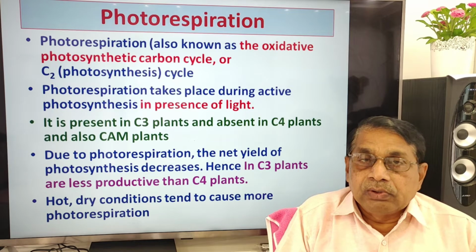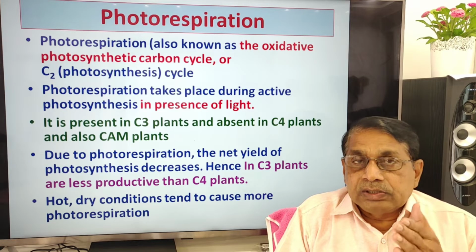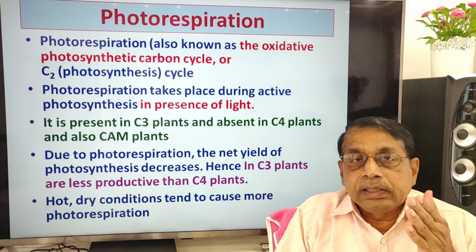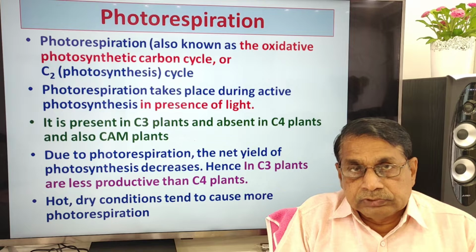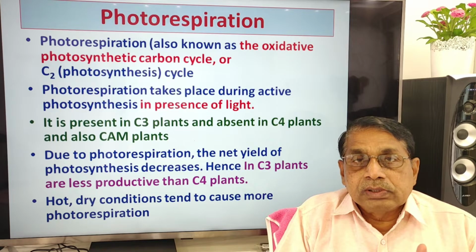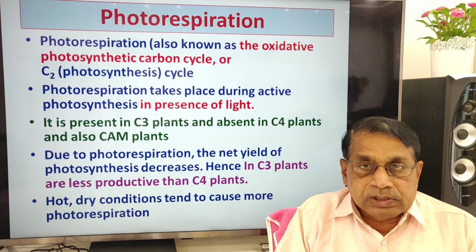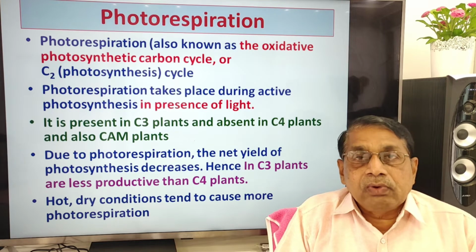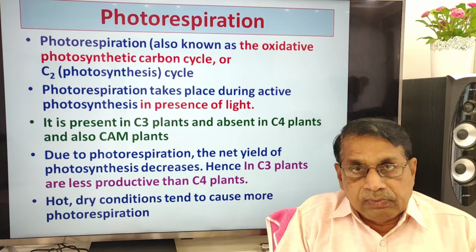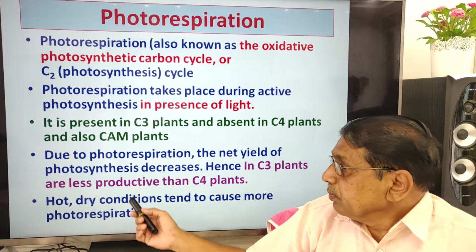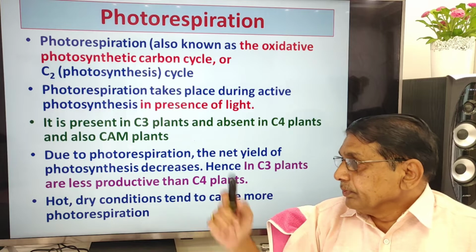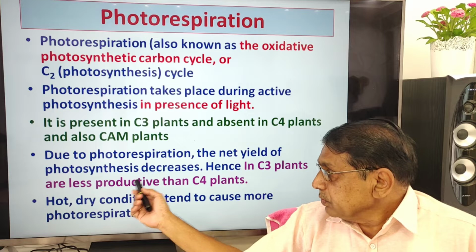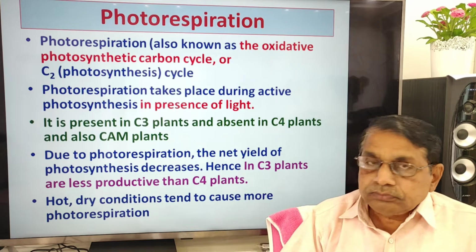So when there is photorespiration, the net productivity of the plant decreases. In C3 plants, photorespiration is present, so productivity is less, whereas in C4 plants photorespiration is absent, so productivity is more. C3 plants are less productive than C4 plants.